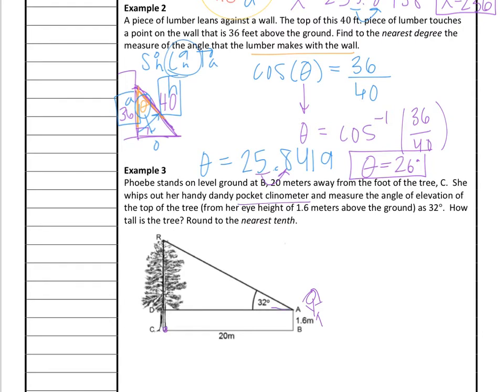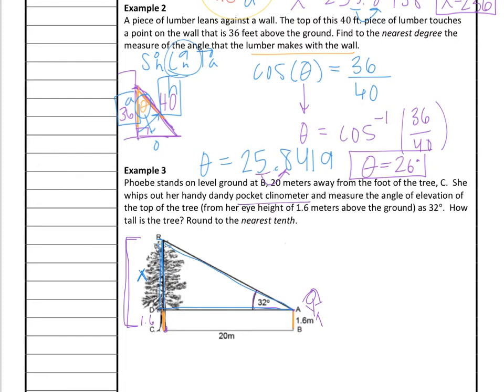So the angle of elevation, look out and look up, is 32 degrees. But that's coming from her eye height, which is 1.6 meters off the ground. How tall is the tree, rounded to the nearest tenth? So in the end, we want this entire distance from R to C. Now this 1.6 that we see over here can also get carried over here from C to D. And because our right triangle is formed here, we can choose to call this piece x from R to D, because we can find that first.